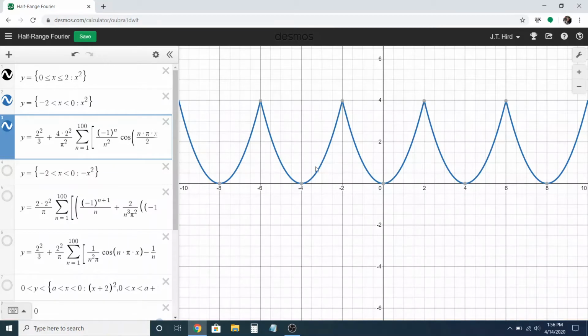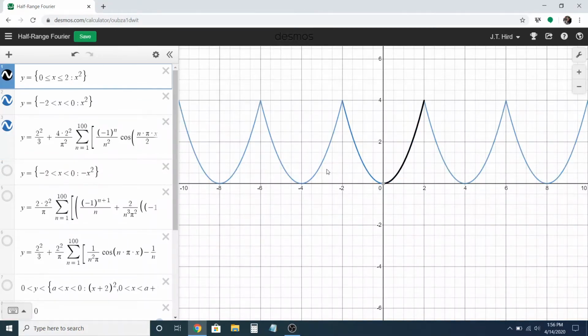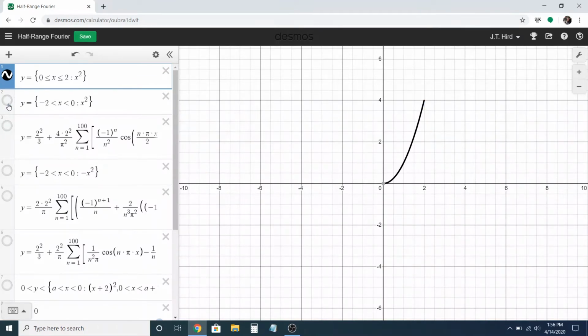Okay, that should end up giving us this function. So the cosine series is going to be a periodic extension of the original shape and its mirror image, which is the even function copy of the original. So that's one way we can find a Fourier series, what's called a Fourier cosine series.